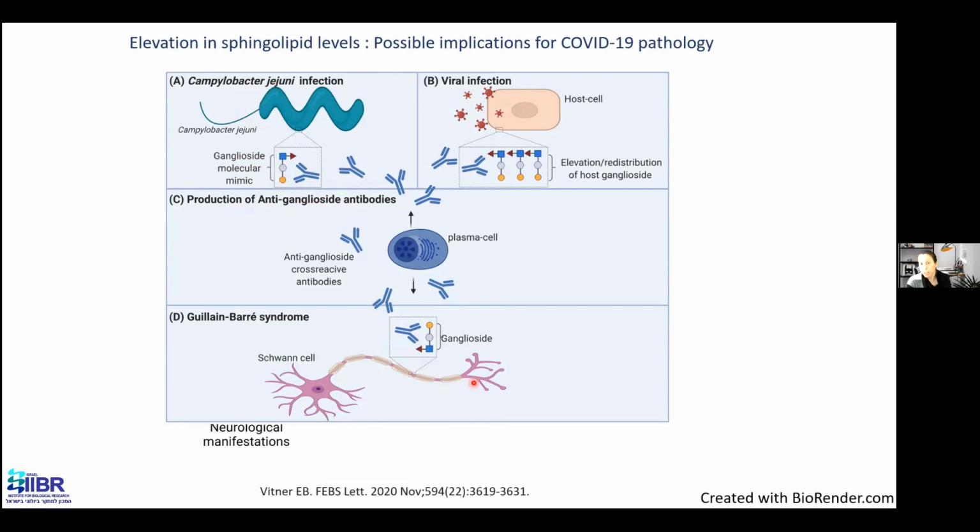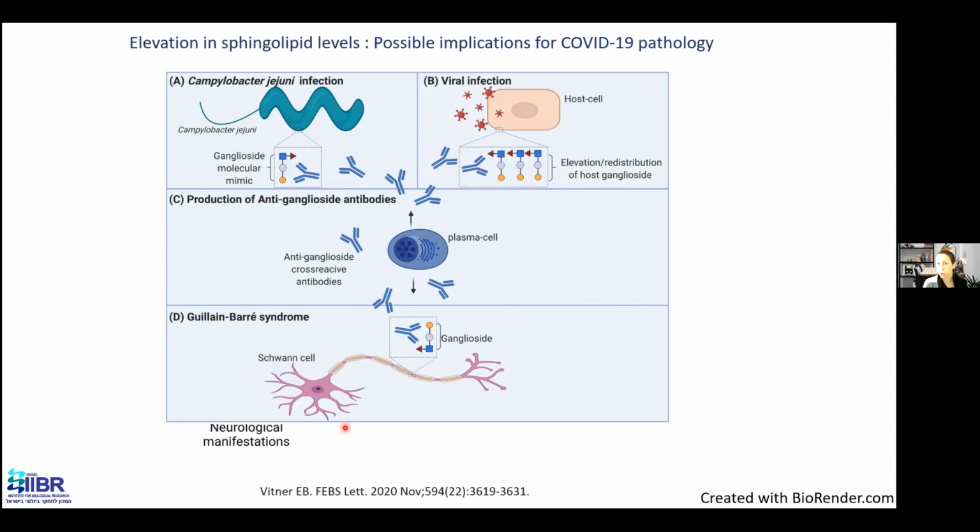But we hypothesize, one of the hypotheses that we want to look at now, that viruses do not come with their own membrane, but if a virus can induce alteration and elevation in the host sphingolipids, maybe this is enough for the host to trigger self-autoimmune anti-ganglioside antibodies. And maybe these can lead eventually to neurological or chronic neurological manifestations that we see with viruses, or even ones of unknown etiology.